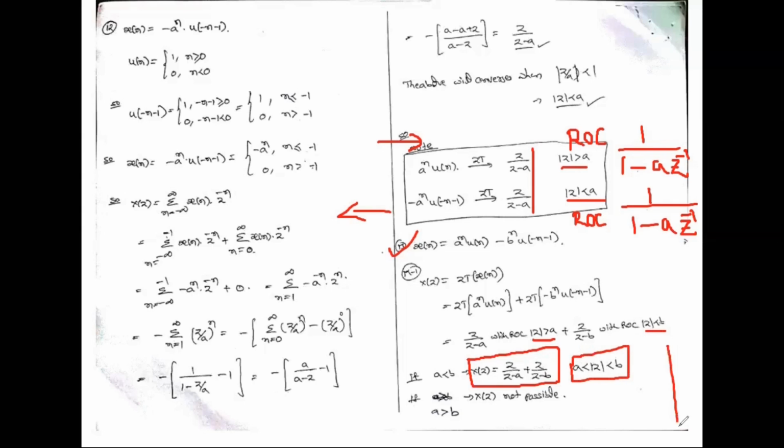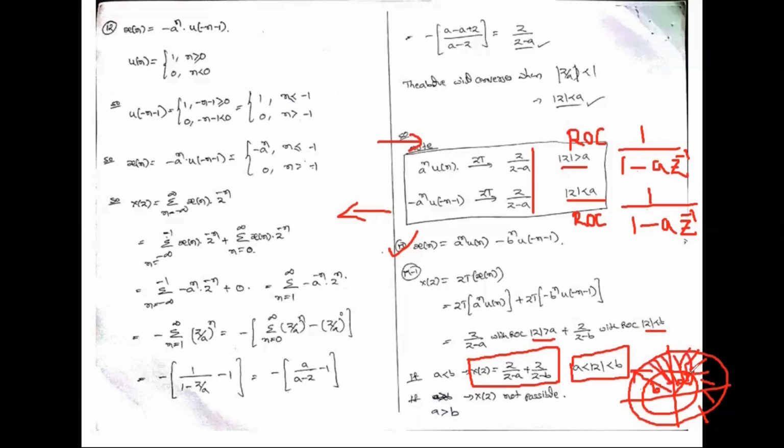Outside the circle of radius a is |z| greater than a, and another circle with radius b, and |z| less than b means inside the circle.